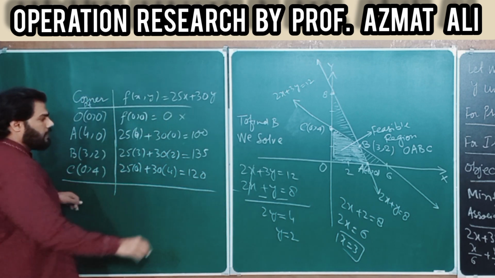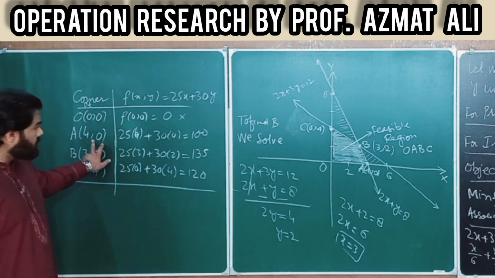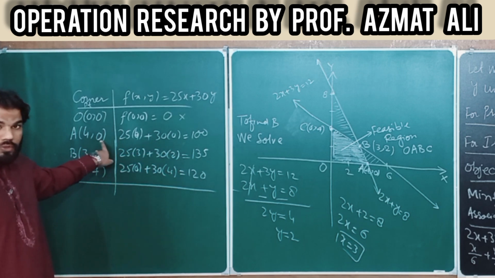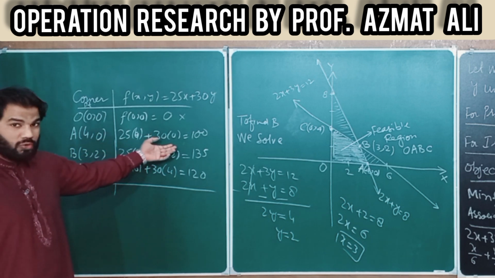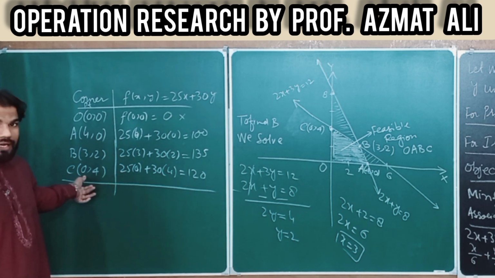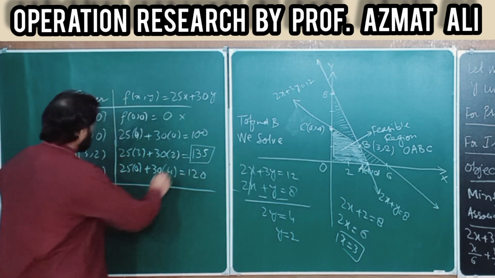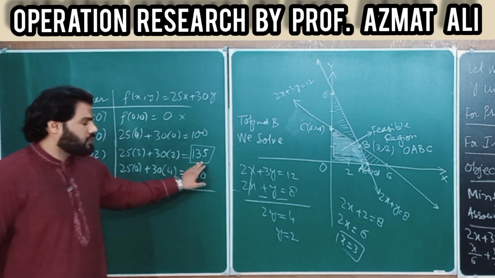In the second case, the cost is minimum, that is 100, but again the number of units for food y is 0, so this is also not eligible. In the other case, the number of units for food x is 0, this is also not eligible. So one case remains, that is the number of units for food x is 3 and food y is 2, with cost 135.